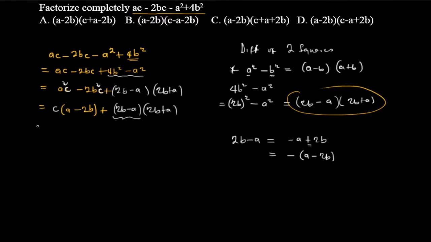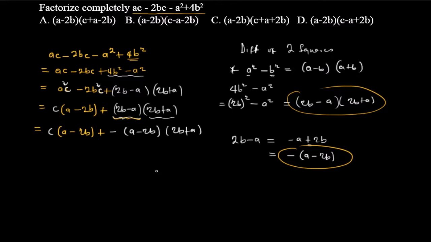So let's go ahead and simplify further. What I have here is c(a − 2b), then plus, the 2b − a can now be written as −(a − 2b), and then we write 2b + a. Now when you look at these two terms, you'd observe you have a − 2b and then you also have a − 2b.